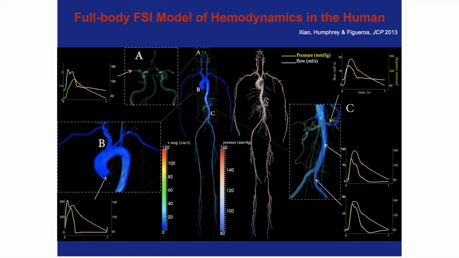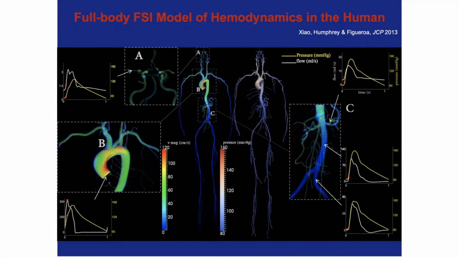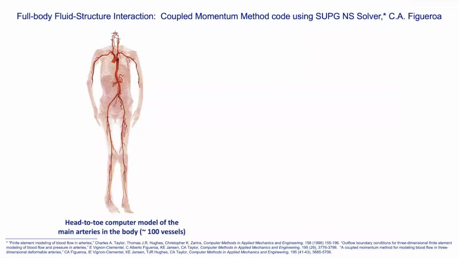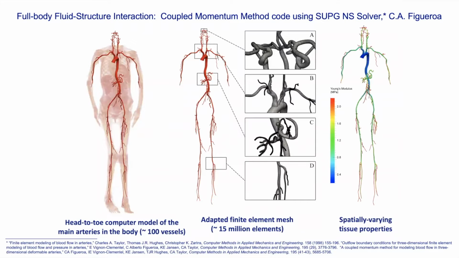So this is a fluid-structure interaction analysis of a full body model of the arterial system. It was put together by Alberto Figueroa at the University of Michigan. It's hard to see the motion, but it's there. It looks like it's just a stick-like model of one-dimensional elements, but it's fully three-dimensional.